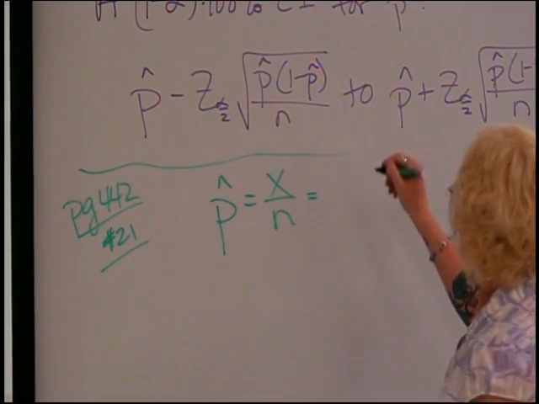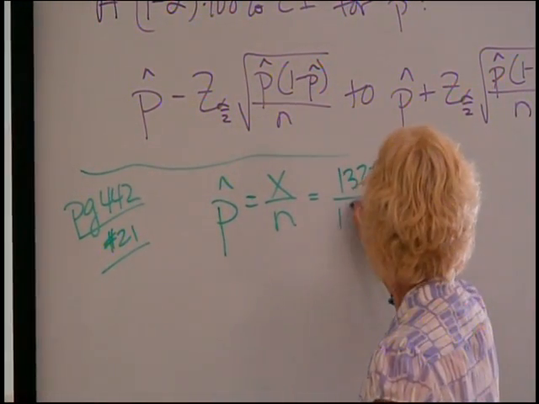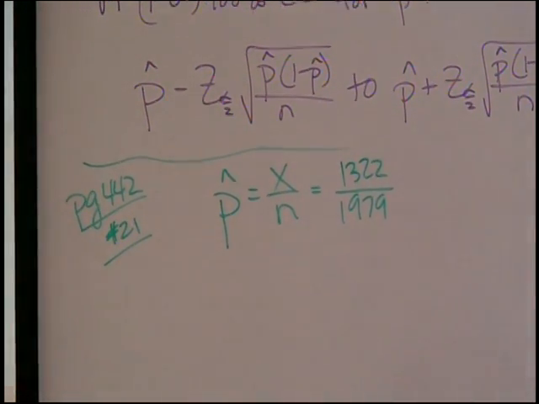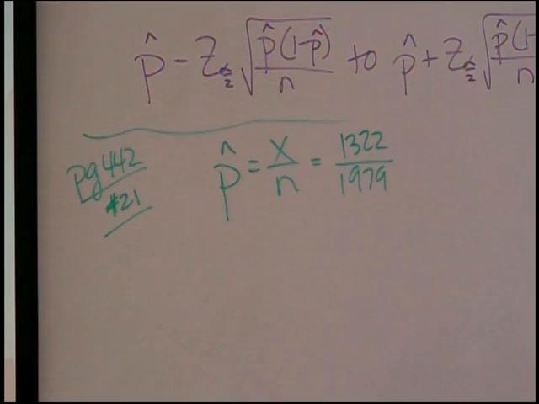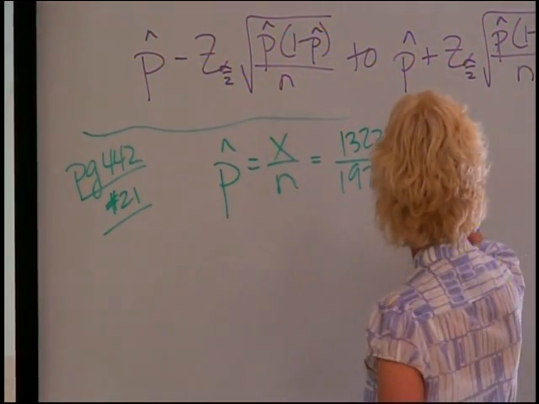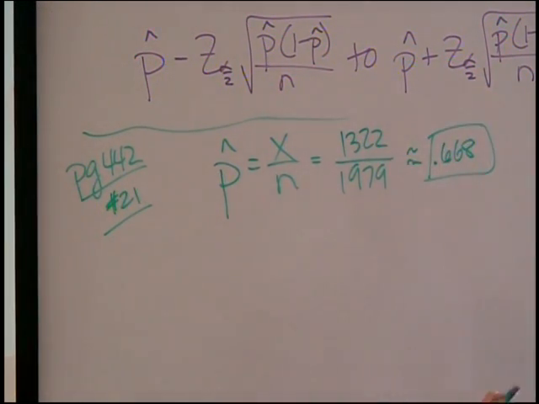It says about 1,322 out of 1,979. There's your point estimate. What is it approximately? 0.668. So there's your approximate point estimate.